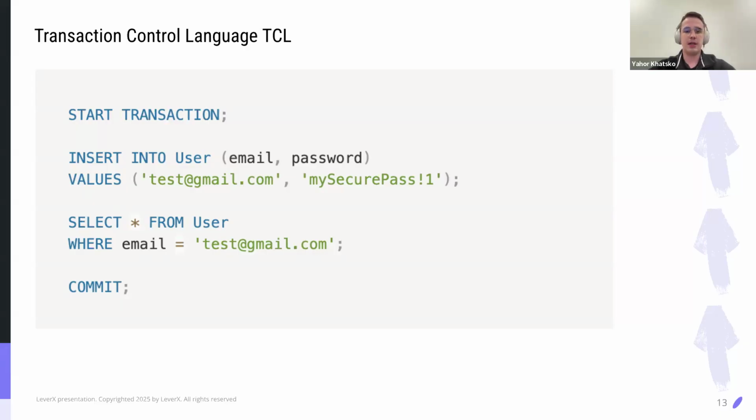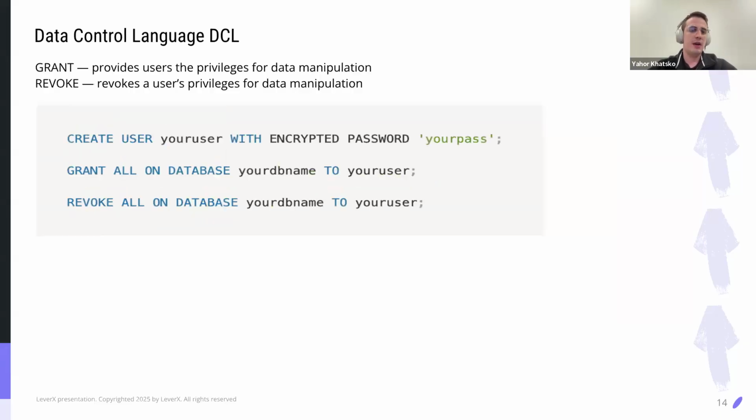Okay, then let's move on. The last type of commands that we can use is the data control language. To work with the database, you should have a specific user, and you can provide some kind of privileges to that user.